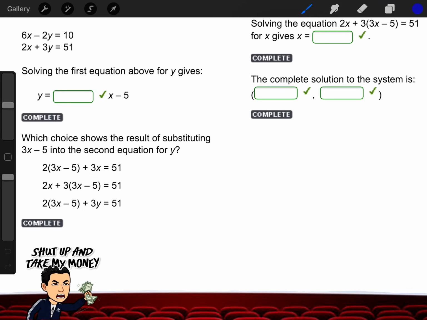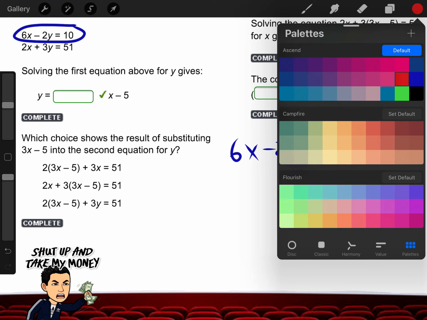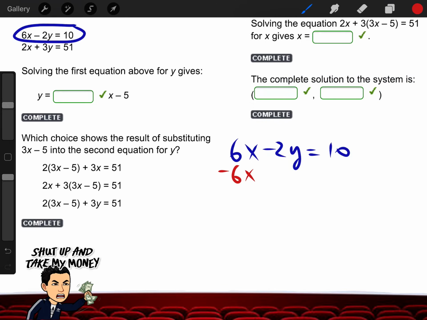All right, so you're going to solve the first equation for y, which means that in the first equation you need to isolate y. So 6x minus 2y equals 10. What you're going to do first is subtract 6x on both sides because we're trying to isolate y, right?